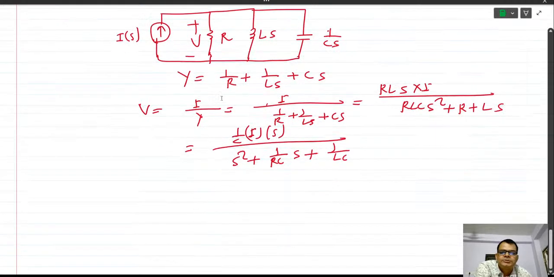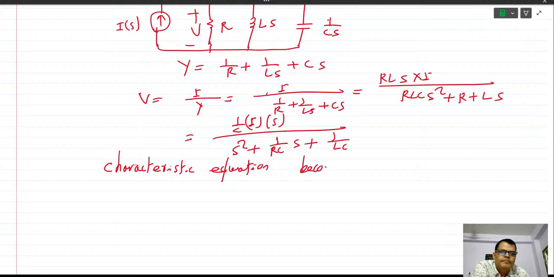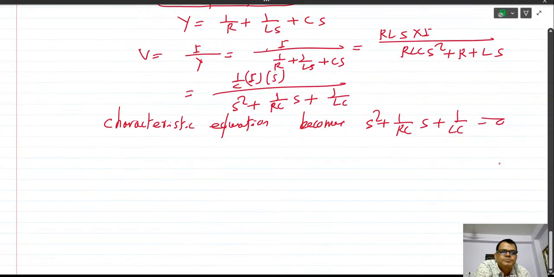Okay. So the characteristic equation becomes s square plus 1 upon RC s plus 1 upon LC equal to 0.